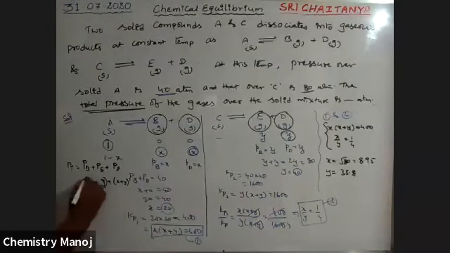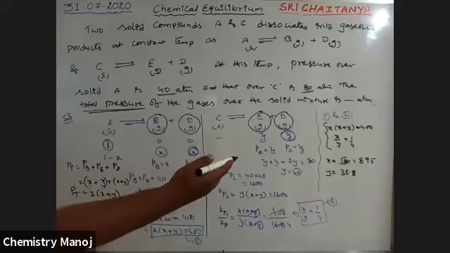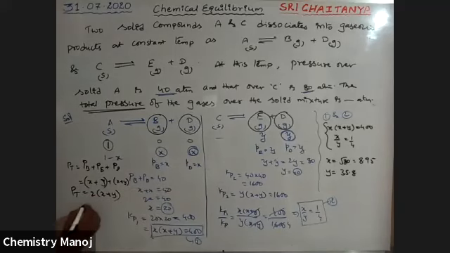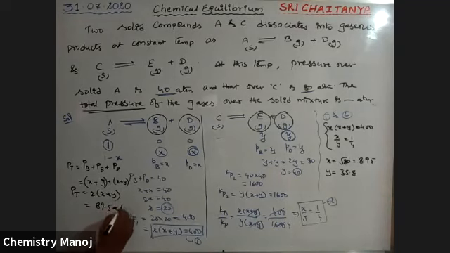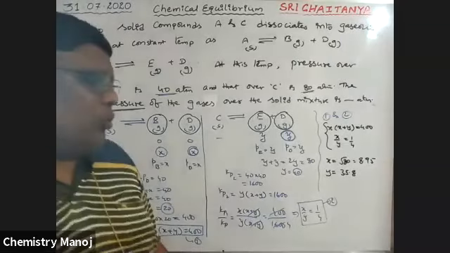So P total is equal to 2 into x plus y. Substituting those two values, finally P total is equal to 89.5. It is a way to do the problems, my dear boys.